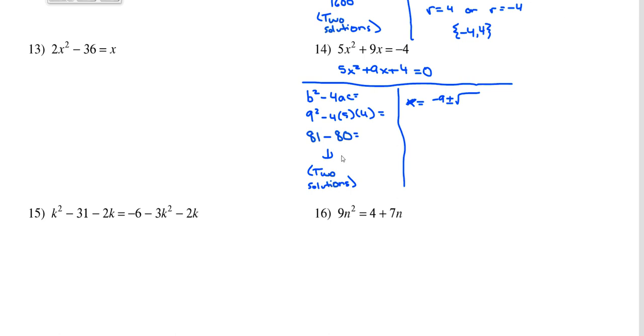Or x equals negative 9 minus 1 over 10. Negative 9 plus 1 is negative 8 divided by 10. So negative 8 tenths is negative 4 fifths. On the other one, we get negative 9 minus 1 is negative 10 divided by 10 is negative 1. So on this one, my two solutions, negative 1 or negative 4 fifths.